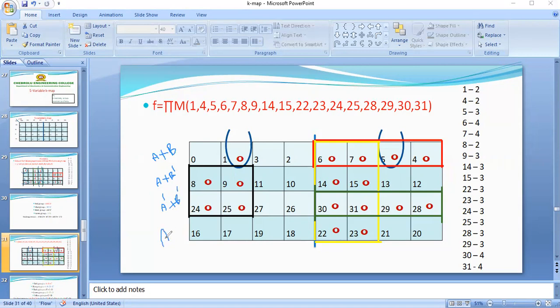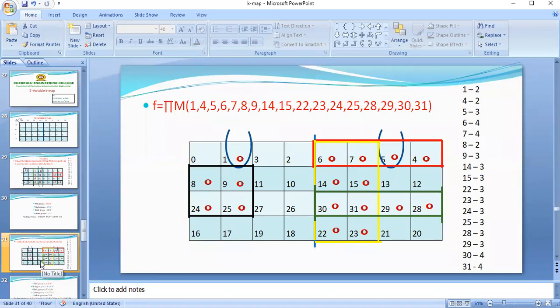And next 1 0 means A bar plus B. Like that you have to write. In similar way here C, D, E also. 0 0 0 means C plus D plus E. So this is the actual procedure to get the simplified or minimized Boolean expression using K-map.